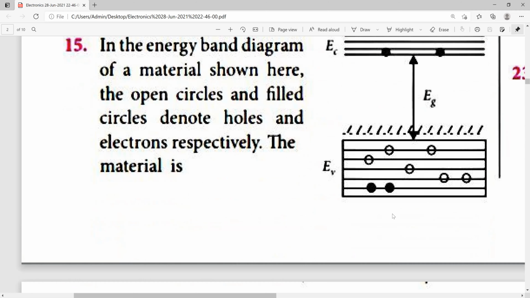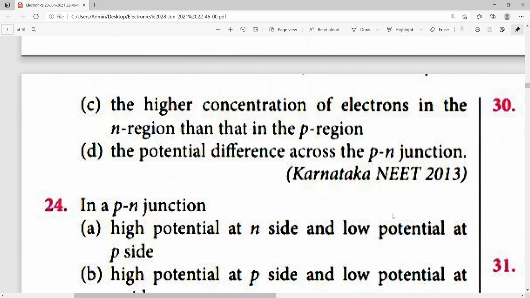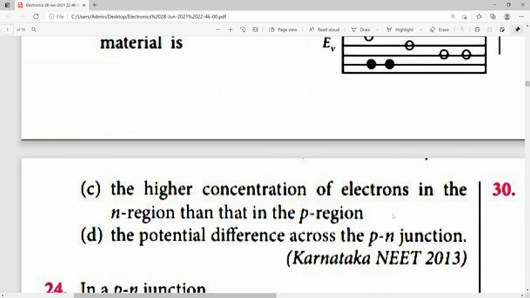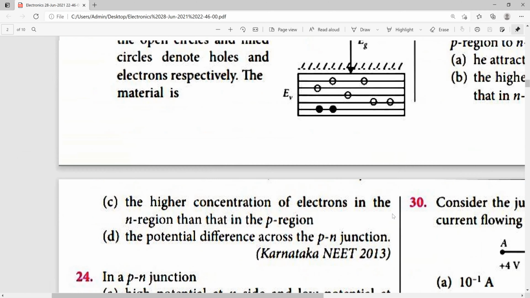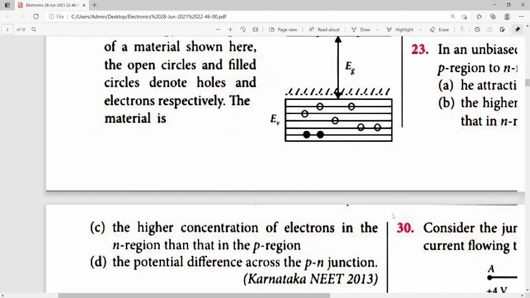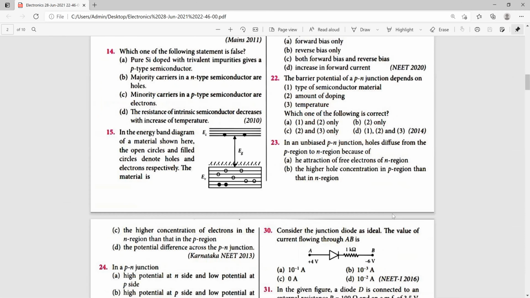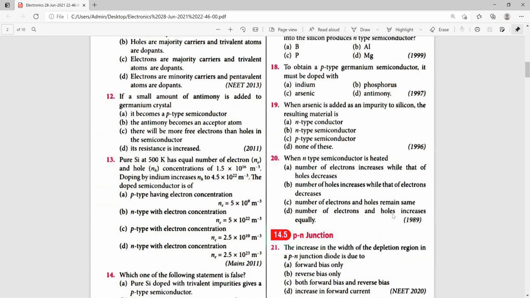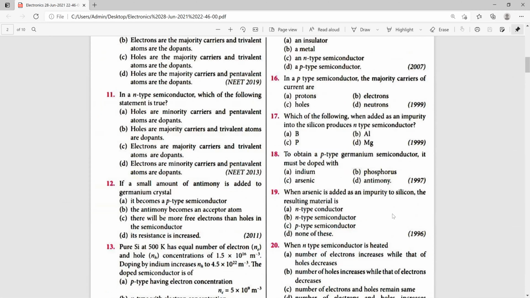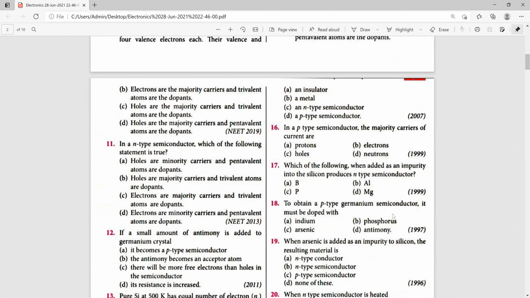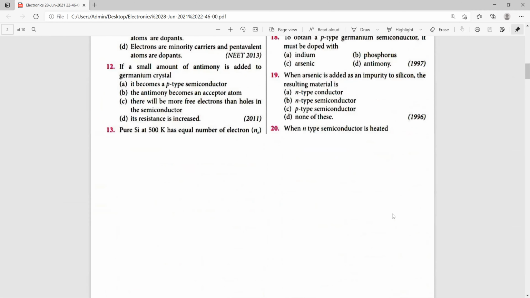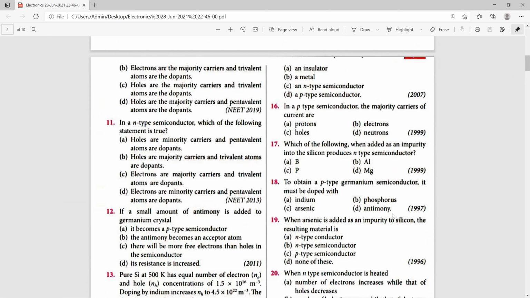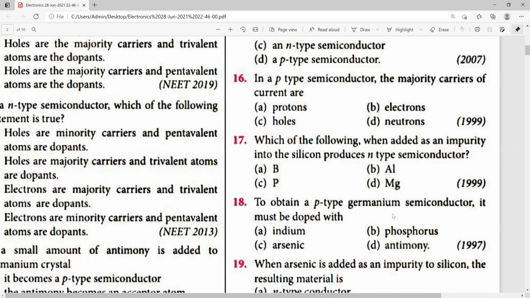Then the material is: first option, an insulator.